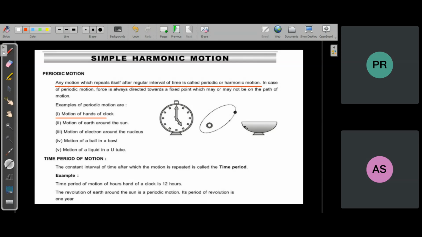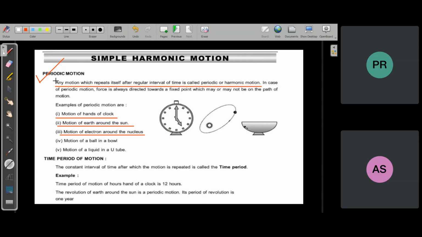So for example, motion of the hand of a clock, motion of earth around the sun, motion of electron around the nucleus, all these are periodic motion. Their time period is constant. The time taken to complete one cycle, or the time after which motion repeats again, is called the time period.